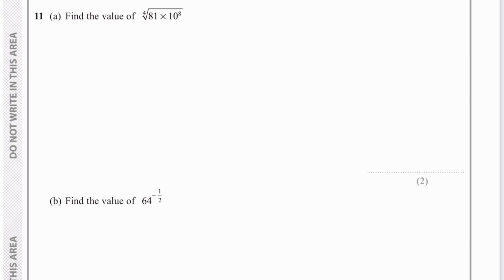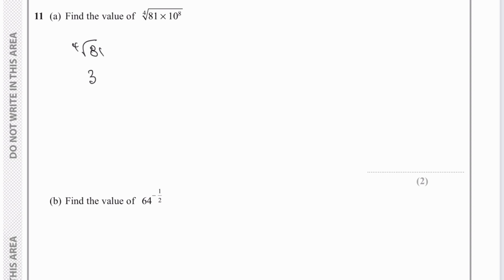Okay, so here we are at question number 11. Now the easiest way of dealing with these sorts of questions is actually to split up the two numbers that we've got there. We've got 81 and then we've also got 10 to the power of 8. So what I'm going to do is I'm going to say, well, I want the fourth root of 81, and that's fairly straightforward. It's 3, because 3 times 3 times 3 times 3 is 81.